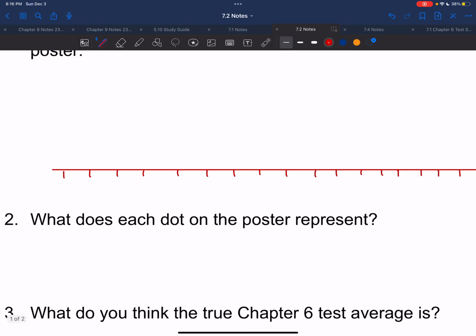All right, so I've got little tick marks, and you don't have to number each one. You just need to kind of keep it symmetrical. So I'm just going to number every other one.